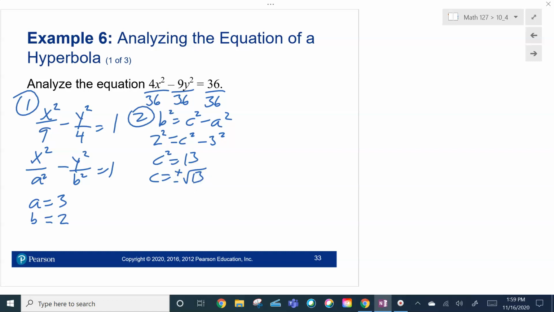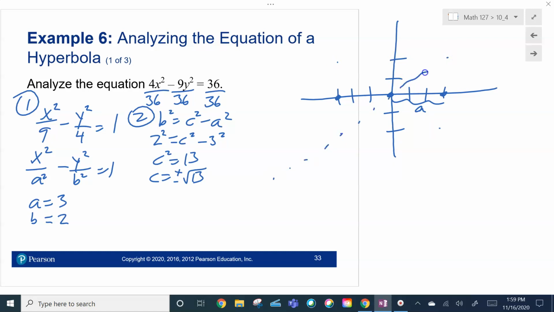Let's make a picture of this. The center's right here at the middle. A distance away is my vertex, 3. This opens right and left. My b is 2 for my rectangle and asymptotes here.